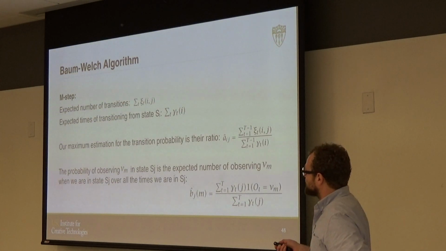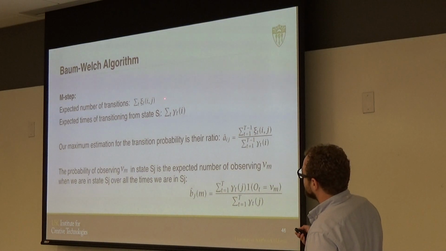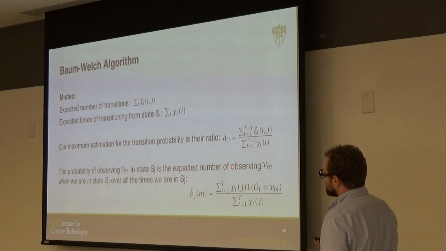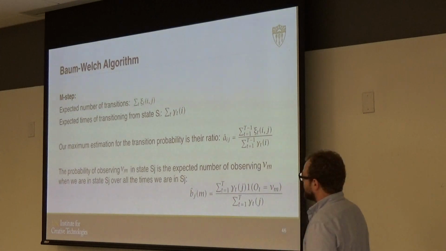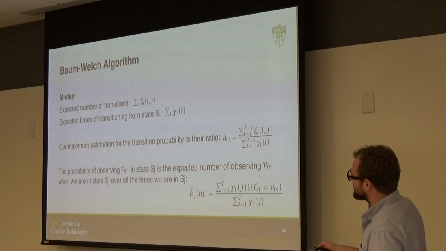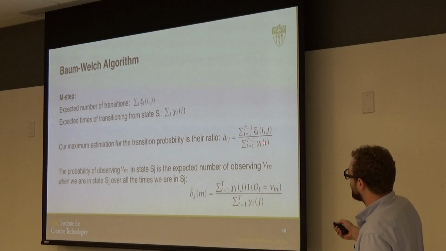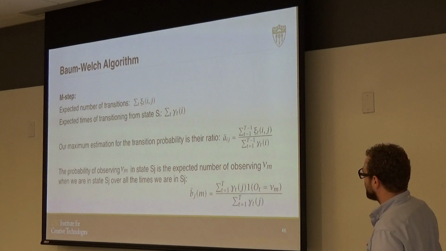For the maximization step, we need to sum up over all these transitions and all the times that we end up in these states. Our new maximum likelihood estimate for the transition probabilities are the ratios of how many times we move from i to j over how many times we were in i.